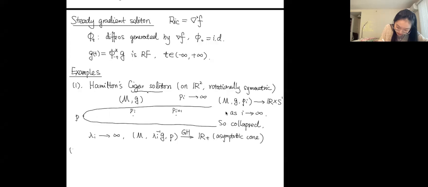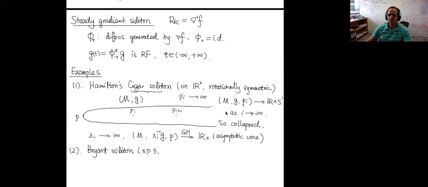Okay, and the next example is a high-dimensional generalization of the cigar soliton, defined by Bryant. It's called the Bryant soliton. Sorry, when you say a ray, do you mean including 0, right? The R plus? Yes, exactly.